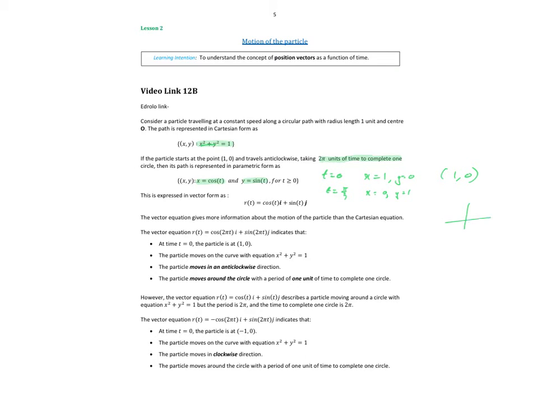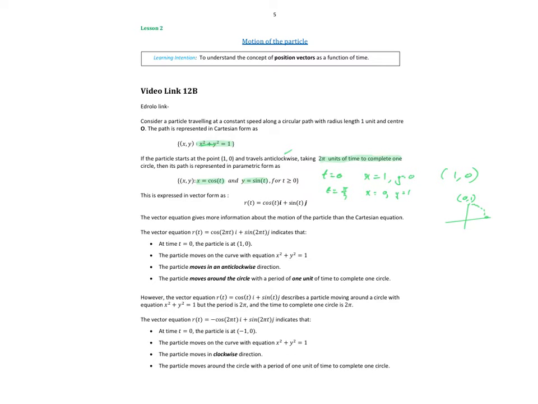So we start at the point (1, 0), and then 1.5 seconds later we're at the point (0, 1). So we're travelling in an anti-clockwise direction. All those things match up.